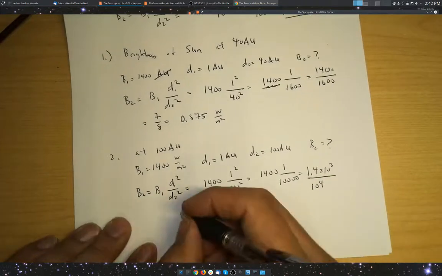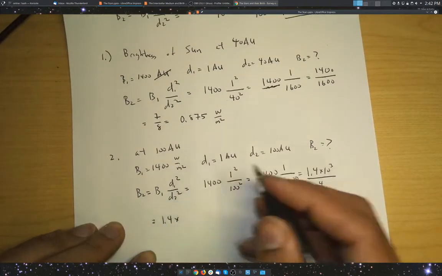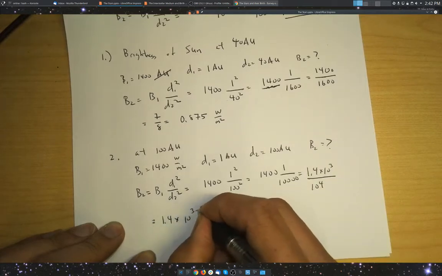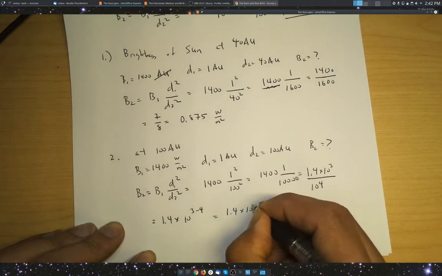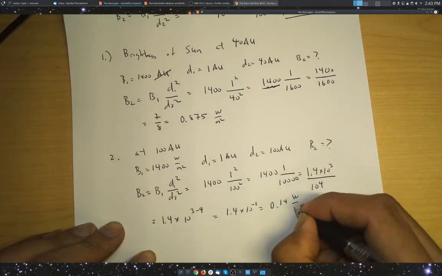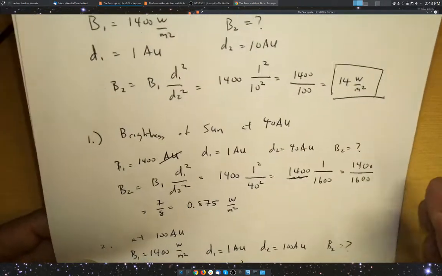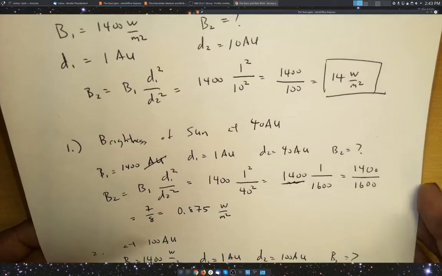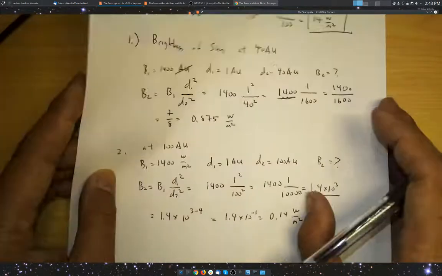Look at that, so much easier. This is equal to 1.4 times 10 to the 3 minus 4, which is 1.4 times 10 to the minus 1, which is 0.14 watts per meter squared. Okay, so that was simple.